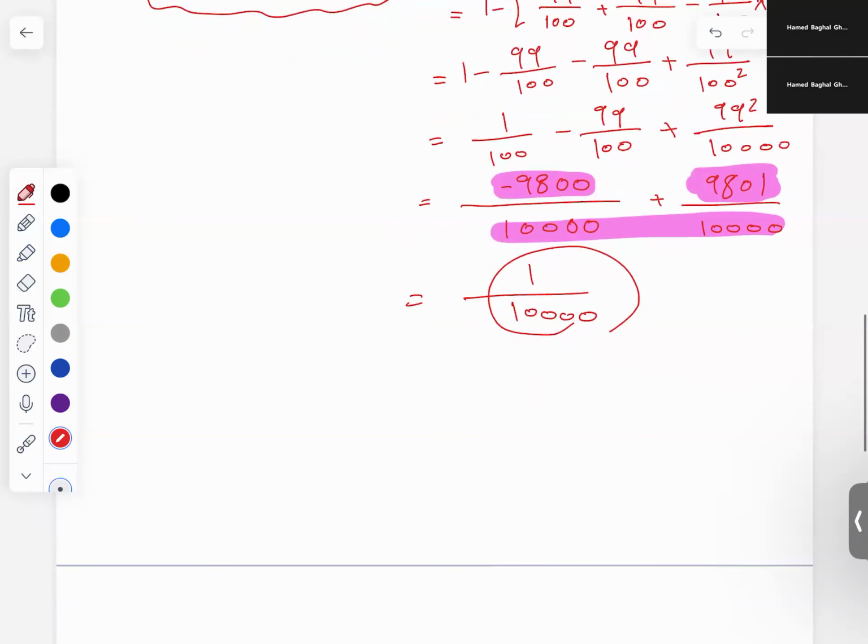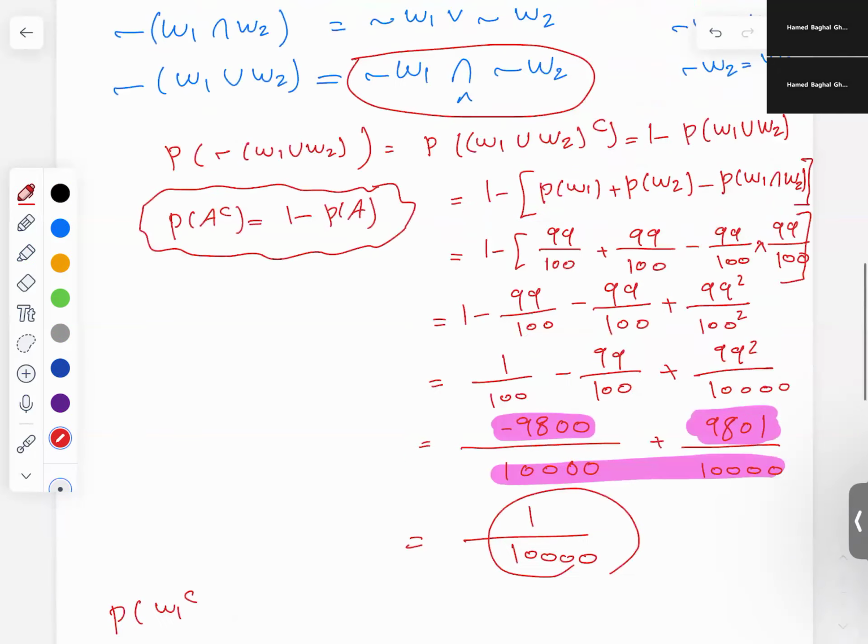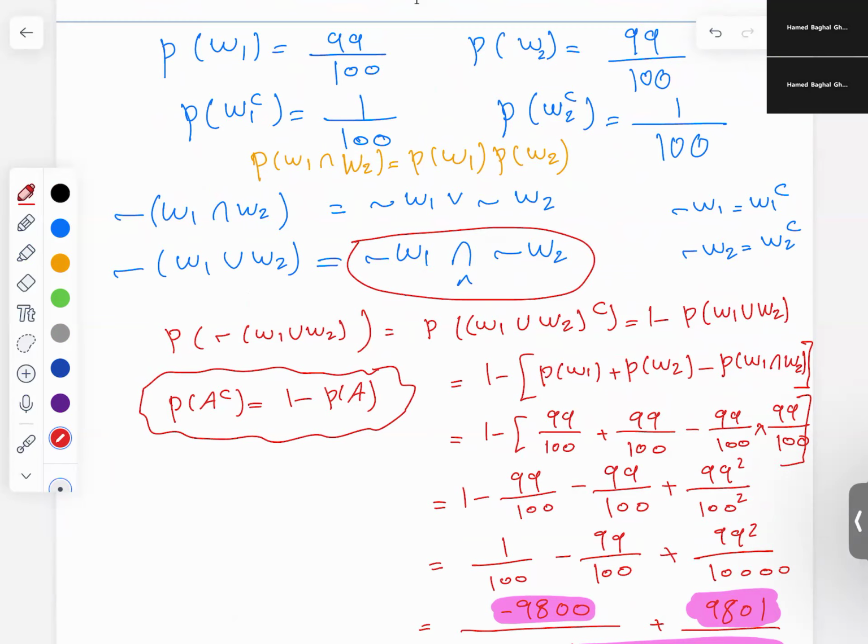What about this one? Probability of W1 complementary and W2 complementary. Let's apply this one, rather than this one, we will do this.